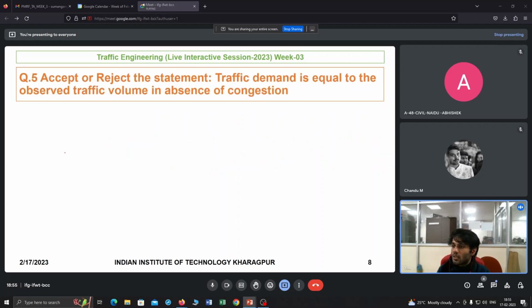Now tell me, this I have already discussed, so I hope you will be able to answer. The traffic demand is equal to the observed traffic volume in the absence of congestion.